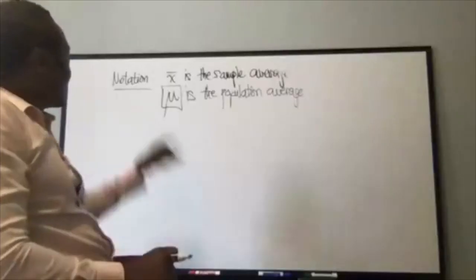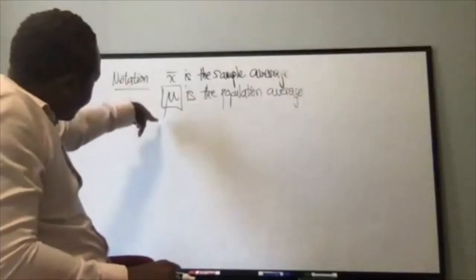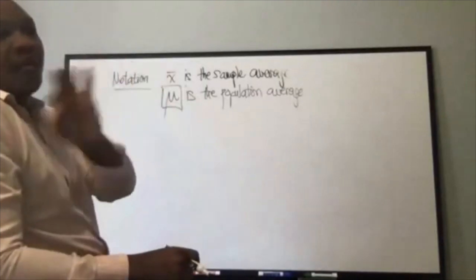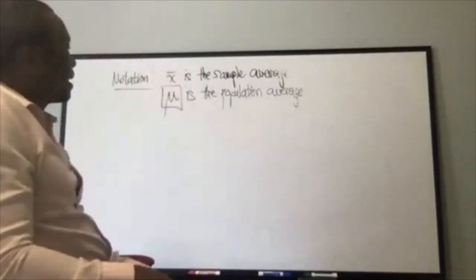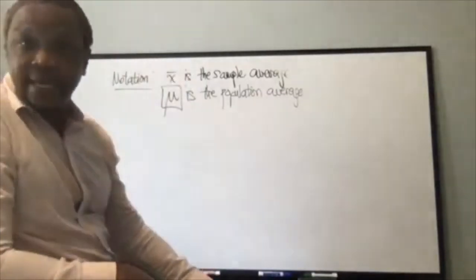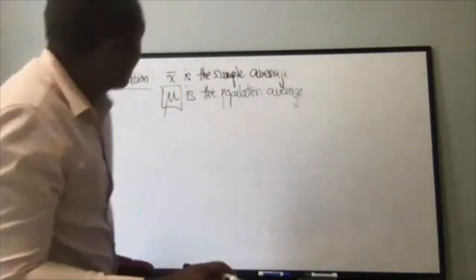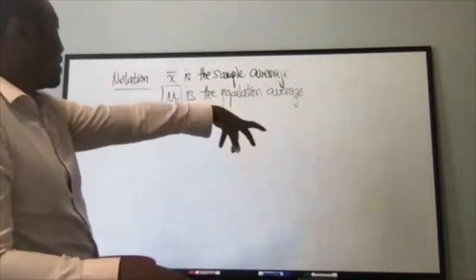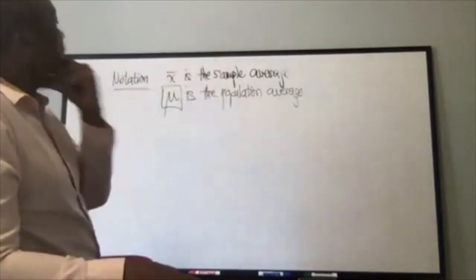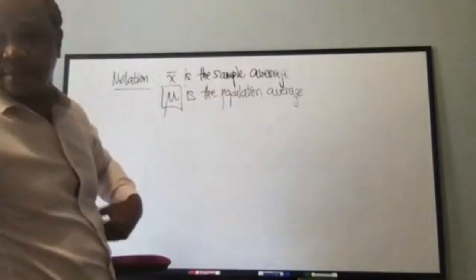Very good. It has a little extension there, right? And it's pronounced MYU, mu. Kind of like what a British cow would say, I guess. So we have the mu. That's the population average. X bar is the sample average. Okay, so that's good. We're getting there.